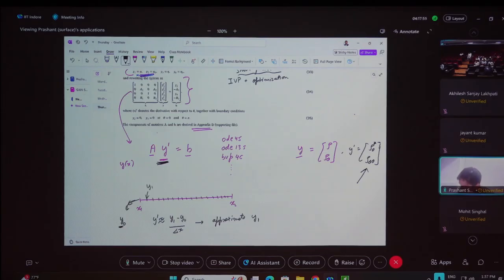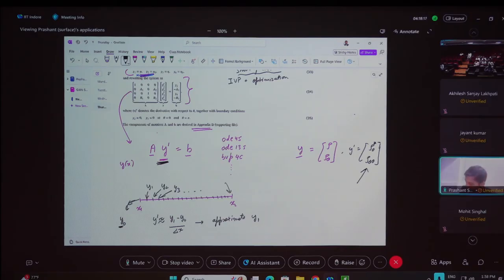Then you will again do the approximation, and you will know what is y2, and then you will know what is y3, and gradually that's how the ODE solver moves forward step by step, and keeps calculating the value of y at every discrete point until it reaches the end.